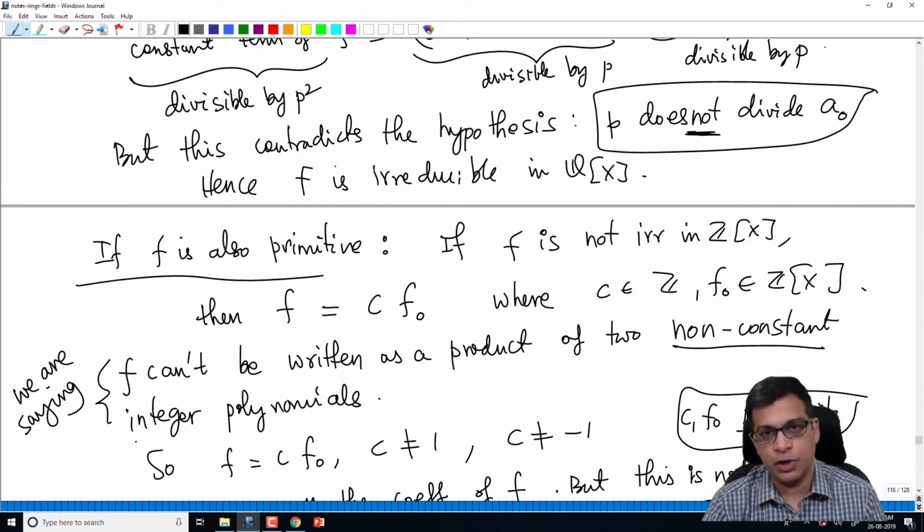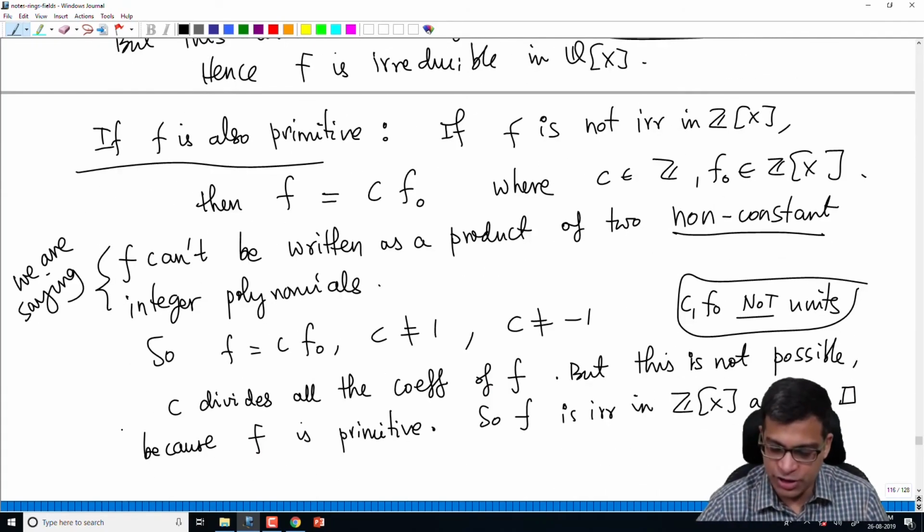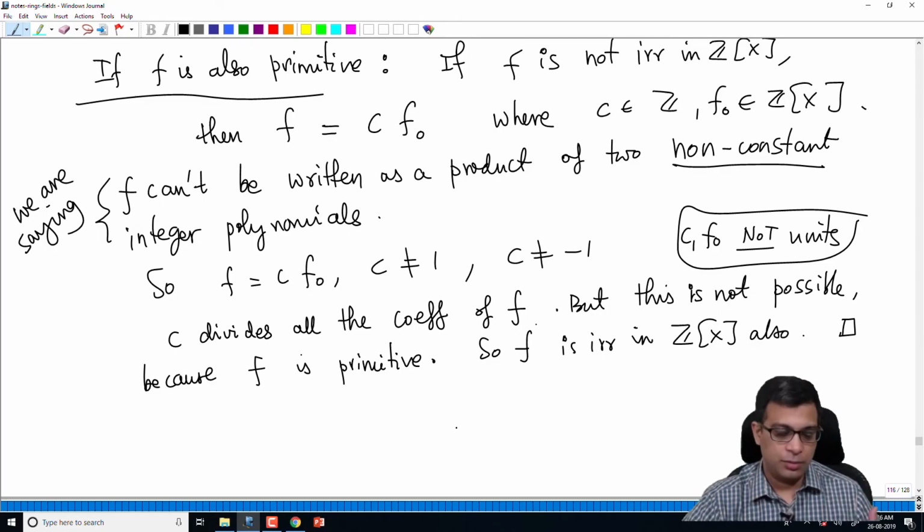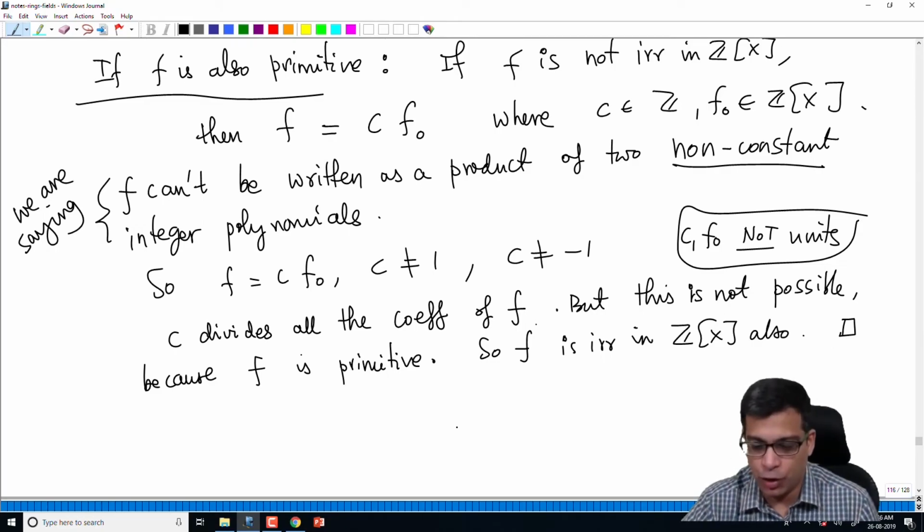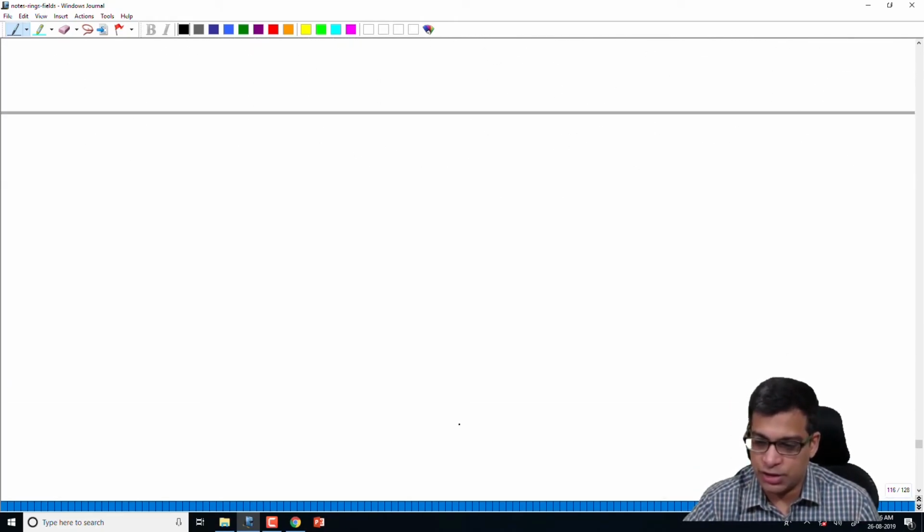So the only possible factorization is an integer times another integer polynomial. But then that integer must divide all the coefficients of f. But f is primitive, so that integer is 1 or minus 1. So that proves that if f is a primitive polynomial, then f is also irreducible in Zx.